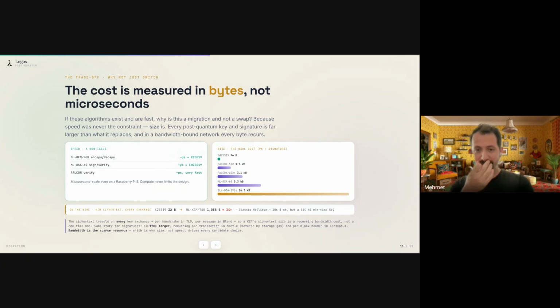So there will be a cost to this change, but we try to find the best solution for Logos, and you can see that the size problem starts at 10x to 100x. So you have to be very careful to choose the alternative algorithm for post-quantum security.